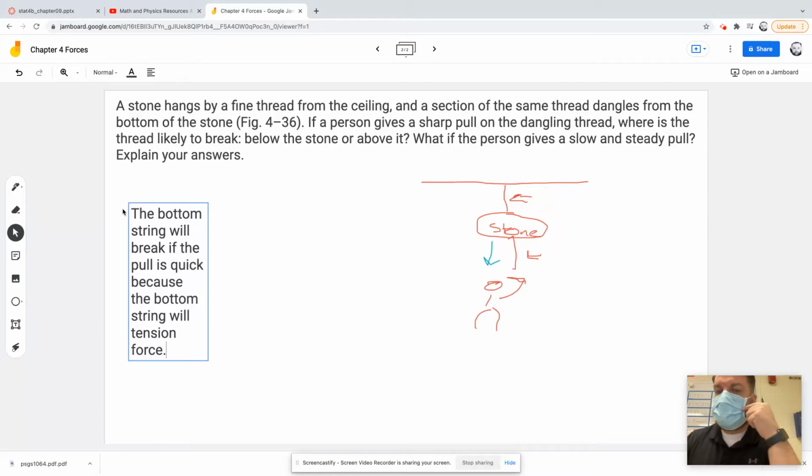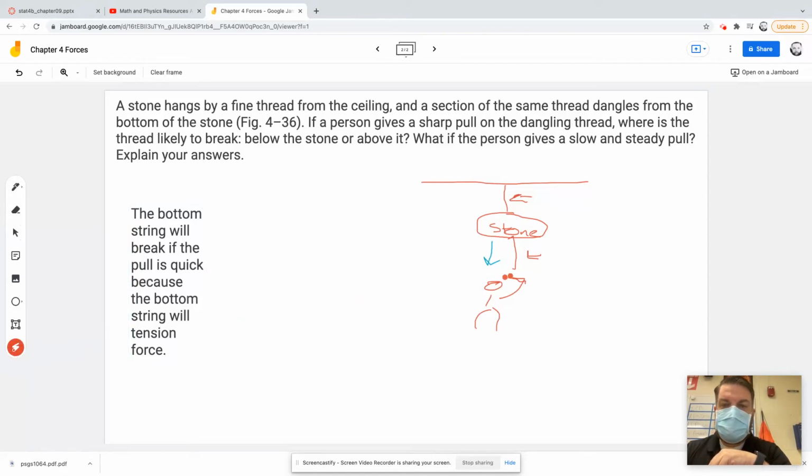Now what they mean by that is, in other words, if I pull down on this bottom string right here, there's a tension force because part of the string is connected to the stone and then part of the string is connected to my hand. So if I pull it quick enough, this will snap.